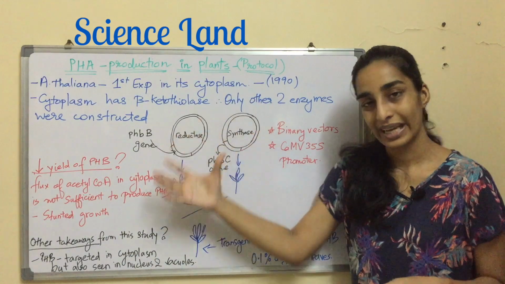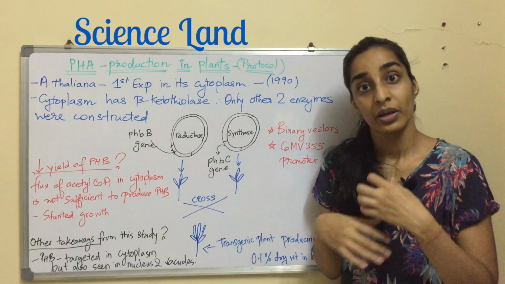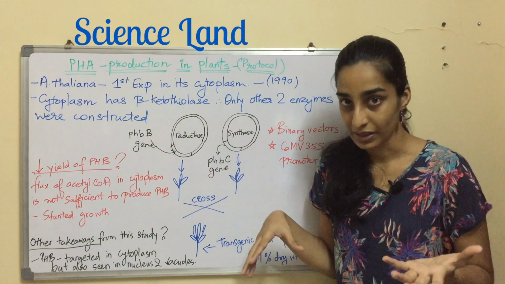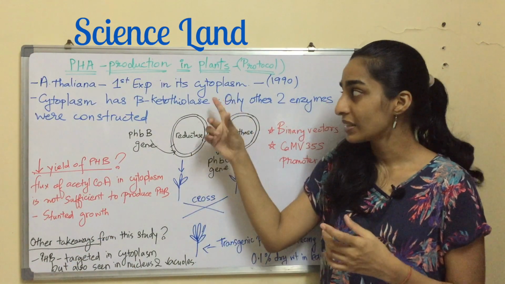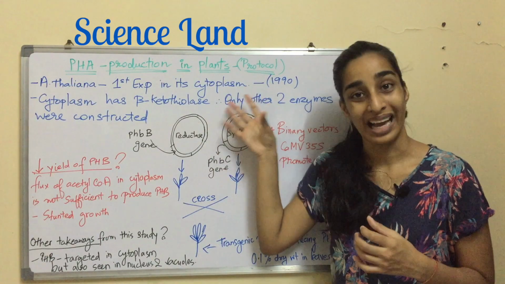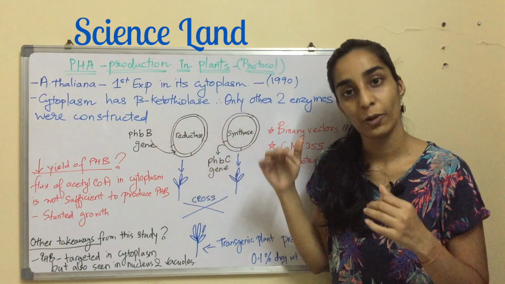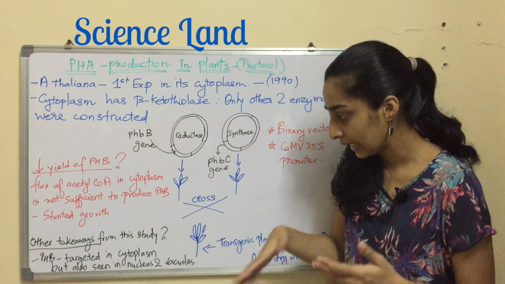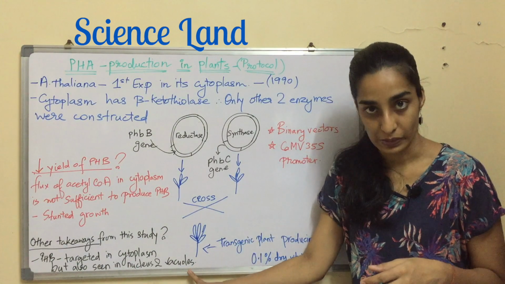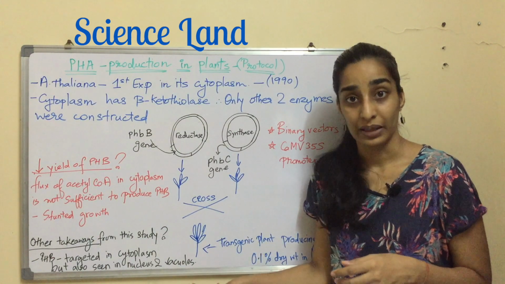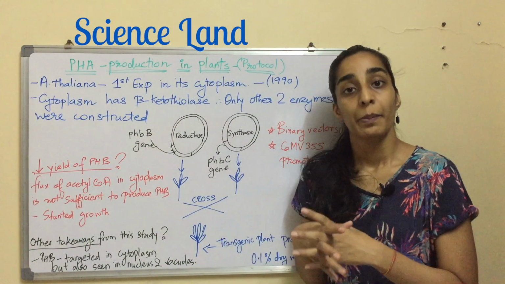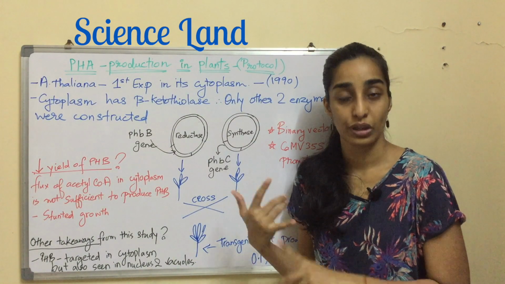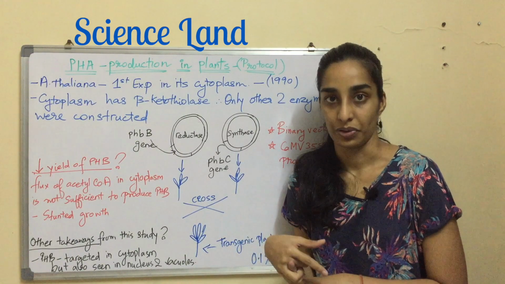Okay, so this was the experiment, but there were certain takeaways from the study. Intention to produce PHB was actually targeted in the cytoplasm of the plant, but they also saw PHB production in nucleus and vacuoles. Okay, these both compartments also were found to produce PHB, but there was no PHB production in plastids and mitochondria.